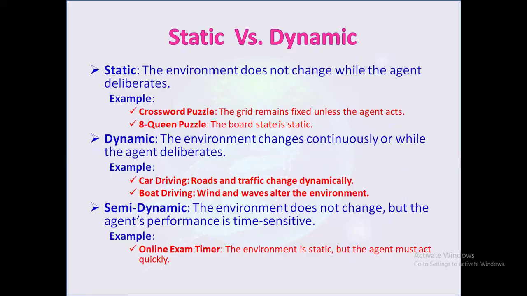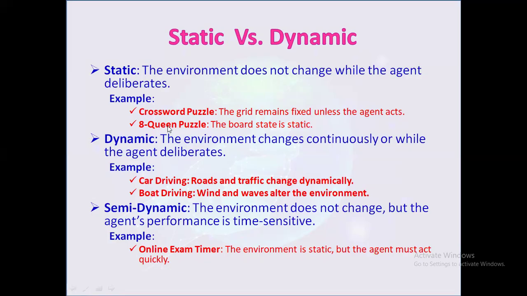The environment remains fixed until the agent acts, allowing the agent to plan and think without worrying about real-time changes. Example, if you take the crossword puzzle, the puzzle grid remains unchanged unless the agent makes a move, allowing the agent to analyze the puzzle without external changes affecting its strategy.